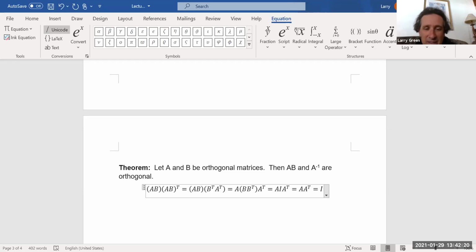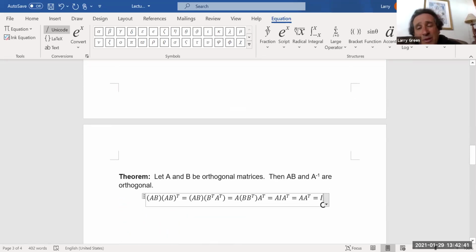And the other direction is basically the same. You also have to show that AB transpose times AB is I. And that's just as easy. But isn't this pretty? It doesn't take any brilliance. You just kind of write it out. These proofs are much nicer today. Aren't they sweet? Okay.